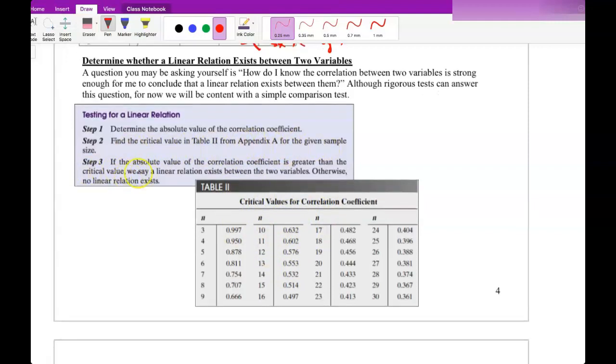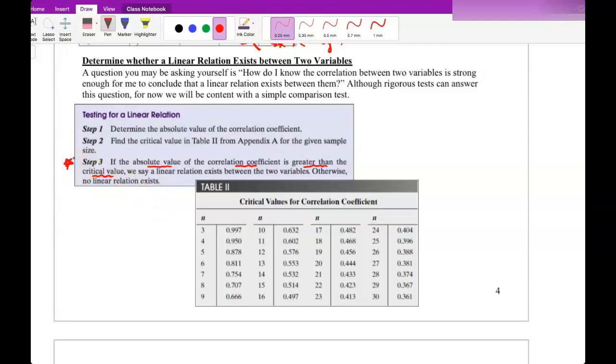And step 3, if the absolute value of the correlation coefficient is greater than the critical value that we have from this table, we say a linear relation exists between the two variables. Otherwise, no linear relation exists.